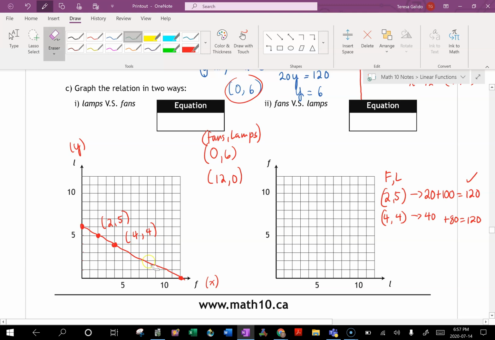So we probably now know what our pattern is. We can also sell 6 fans and 3 lamps, 8 fans and 2 lamps, 10 fans and 1 lamp, and then 12 fans and no lamps. Okay, that ends our section on general form.